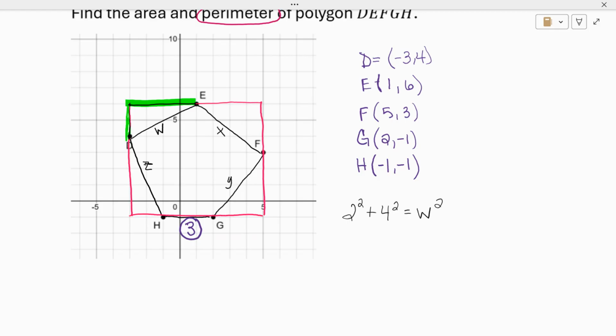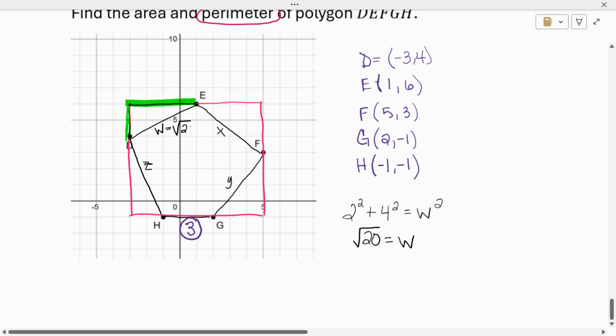It's 20. So 20 equals W squared. What does W equal? The square root of 20. Yes, don't forget that. So W equals the square root of 20. Perfect.